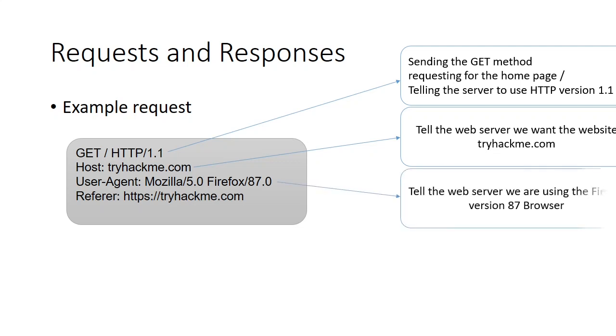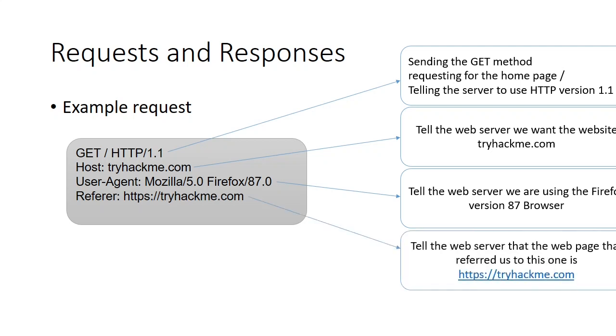And then the next line tells the web server that we are using the Firefox version 87 browser. The next line tells the web server that the web page that referred us to this one is tryhackme.com.